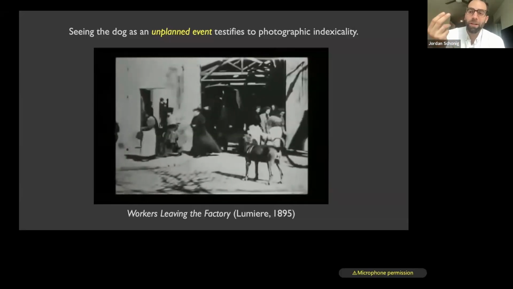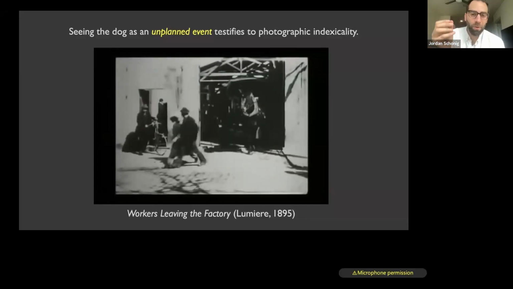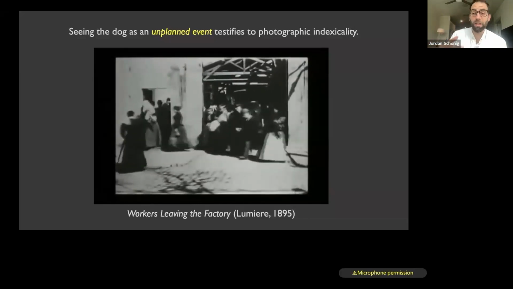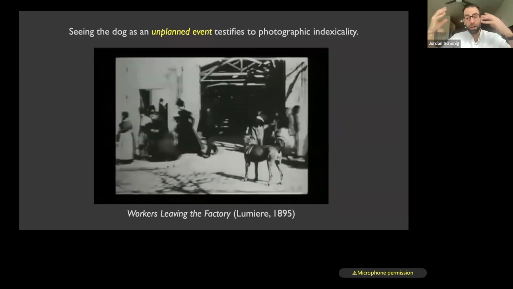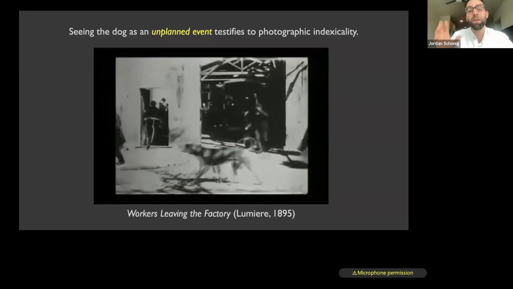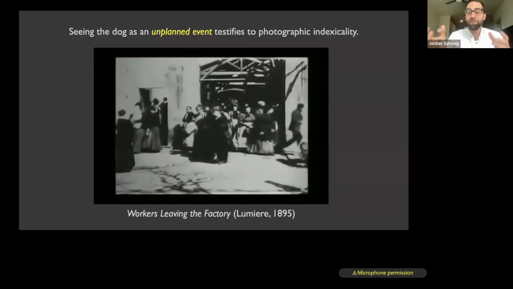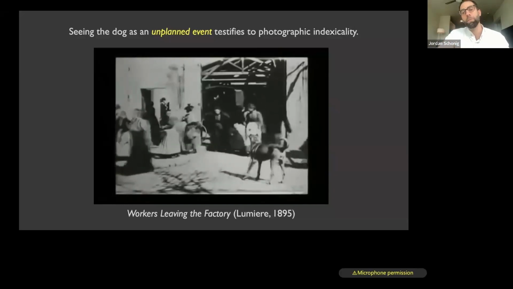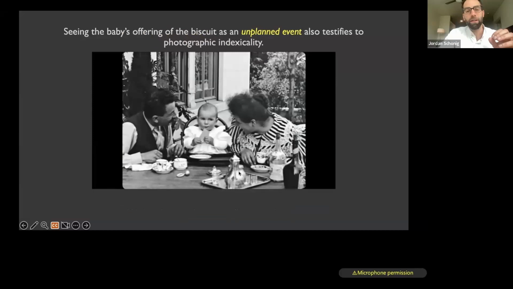You might be invoking the logic of photographic indexicality. You might be noticing the distinction between the staged event, the idea that workers are leaving the factory and I'm rolling the camera to record that. But because the world happens independently of my control, the dog happened to walk into the screen, and my noticing it is testifying to the uniqueness that this is a photographed image. That makes sense to me, and I think that is the logic of photographic indexicality.